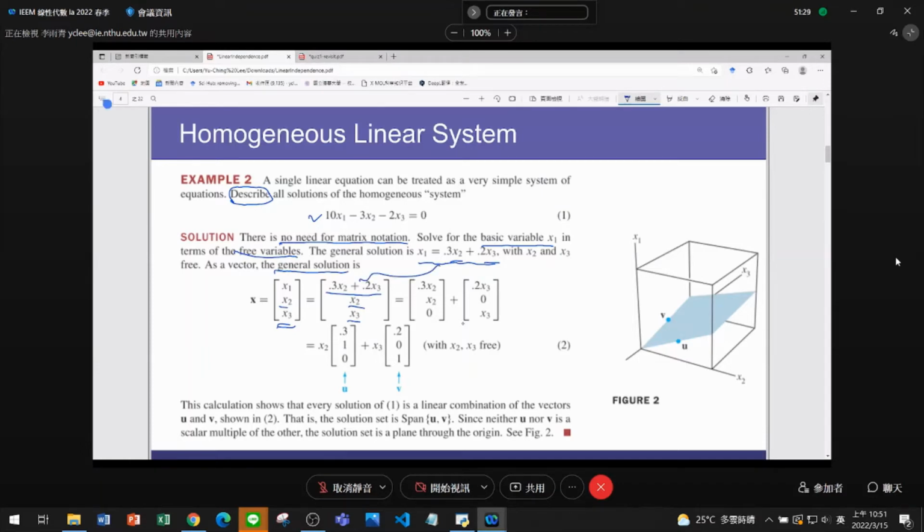And then we can separate the effect of x2 and x3. And that would give us this expression. I have the general solution.